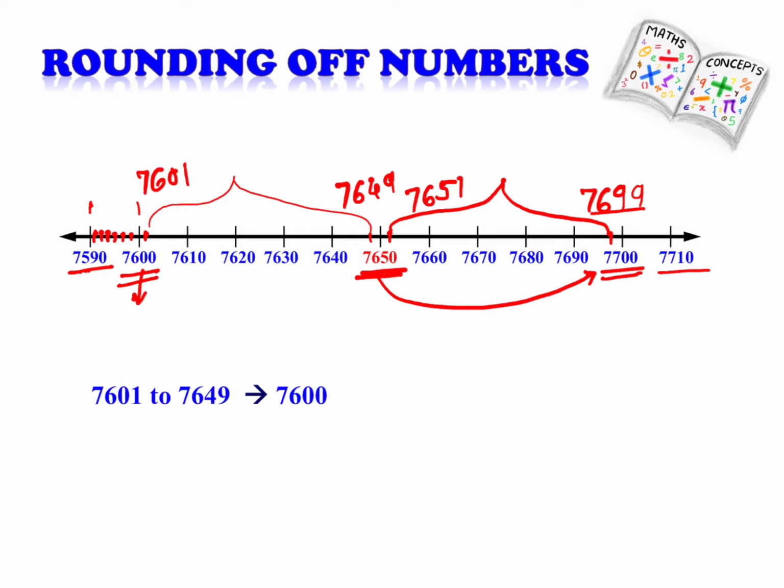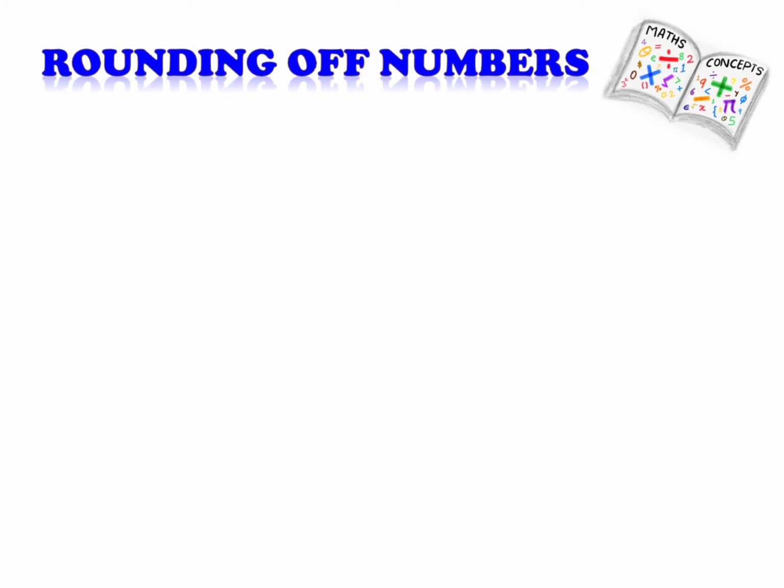So we can see that numbers from 7601 to 7649 get rounded off to 7600, that is the previous 100, and numbers from 7650 to 7699 get rounded off to 7700, that is the next 100.